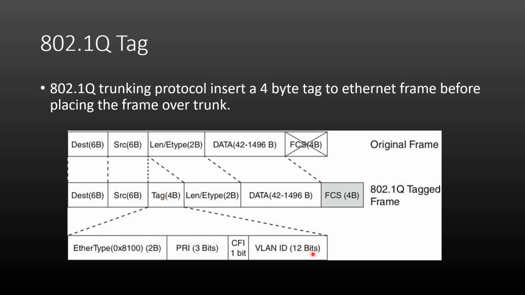So if this frame comes from VLAN 10, the VLAN ID would be 10. So the destination device, like the router, will be able to read the tag, remove the tag, and place the original frame on the correct subinterface associated with the original VLAN.